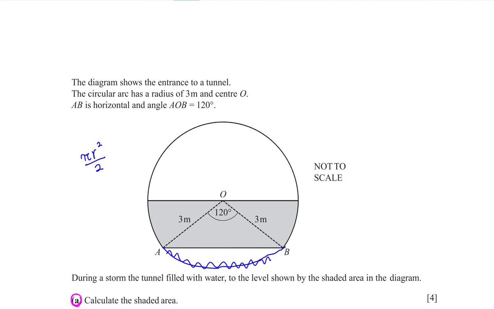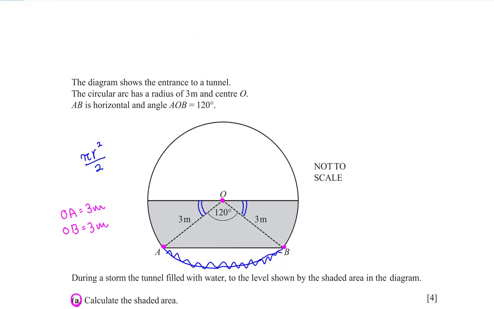Okay, so in this case we have two sectors which are identical. Let me show you why. It's written over here that OA has a value of 3 meters, and the same goes for OB, which is 3 meters as well.